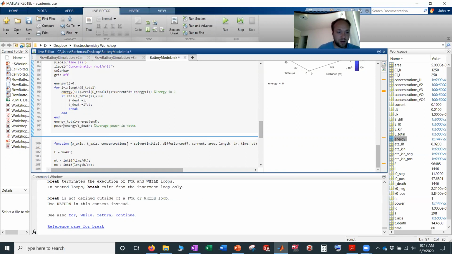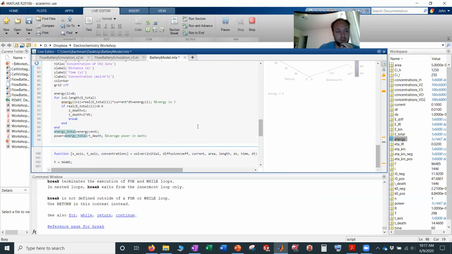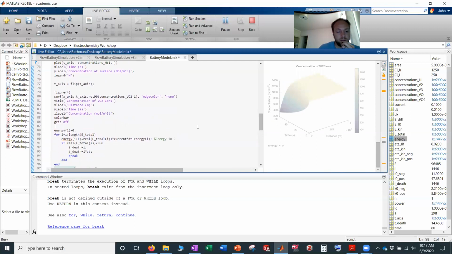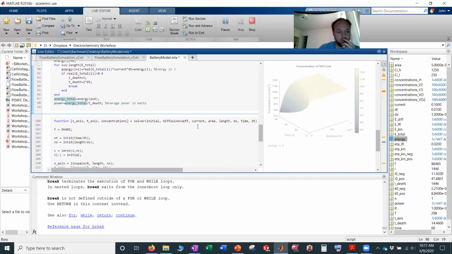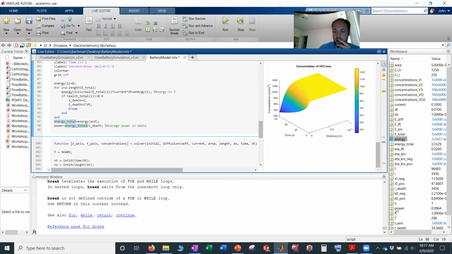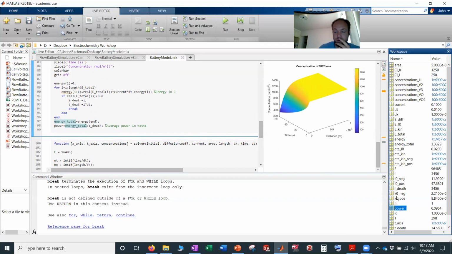And then this will have to be energy total. So let's see here. So our power, so pretty low.